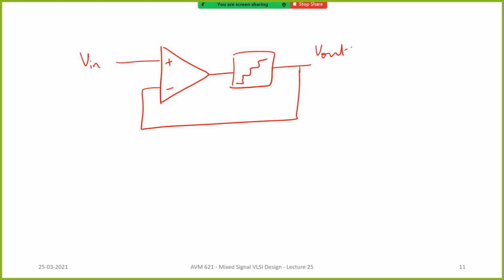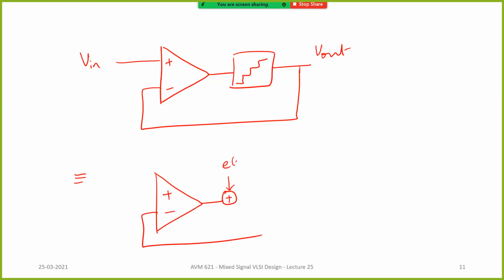Okay, so this can be modeled as an op amp with an additive error, let's just say plus E of n. So let's say this is V_in of n and V_out of n.